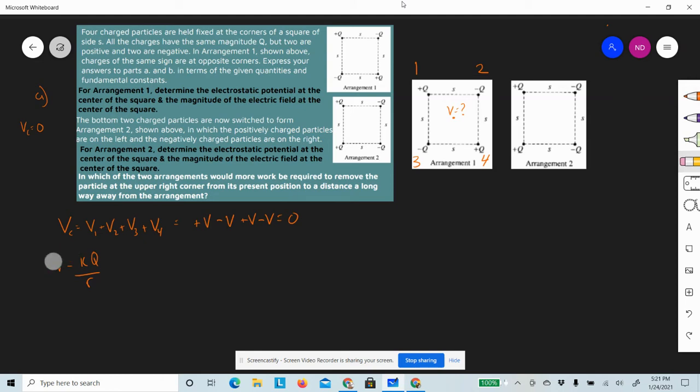Okay, then the next question is the electric field at the center. Now, let's see what's going on here. Electric fields: out from positive.